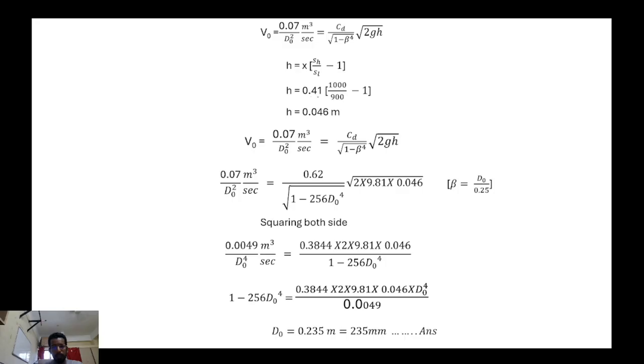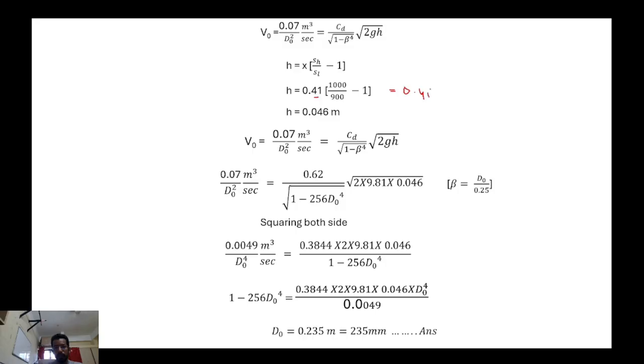X is 0.41. Water is the manometric fluid, but it is heavier than the styrene. So X will be 0.41, and density or specific gravity you can put here. You can write it like this as well. 0.41.